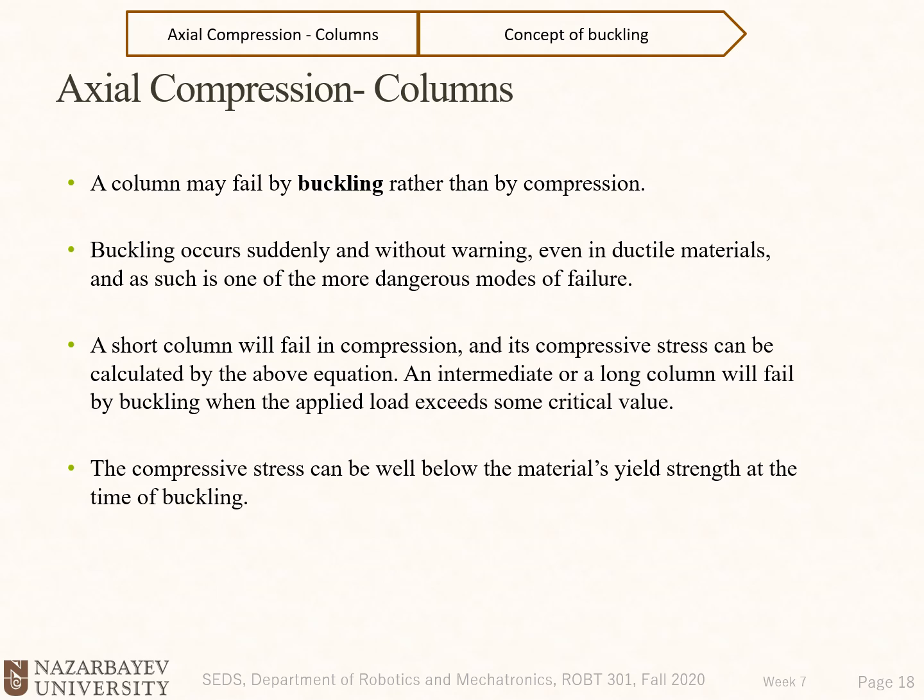But in the buckling, the failure is not because of stress at all. And we'll discuss this phenomenon. Buckling is a very dangerous phenomenon because it develops and happens very quick. So we must avoid that in columns.